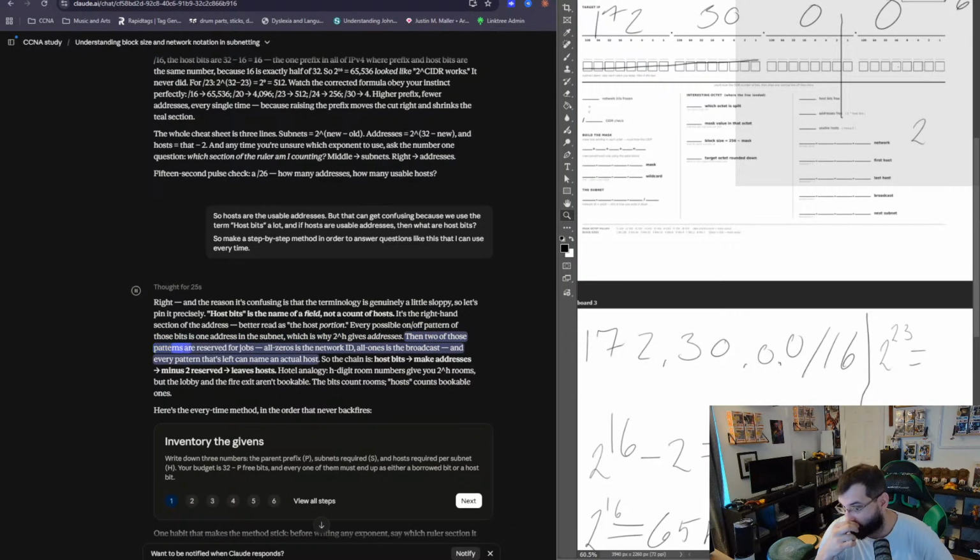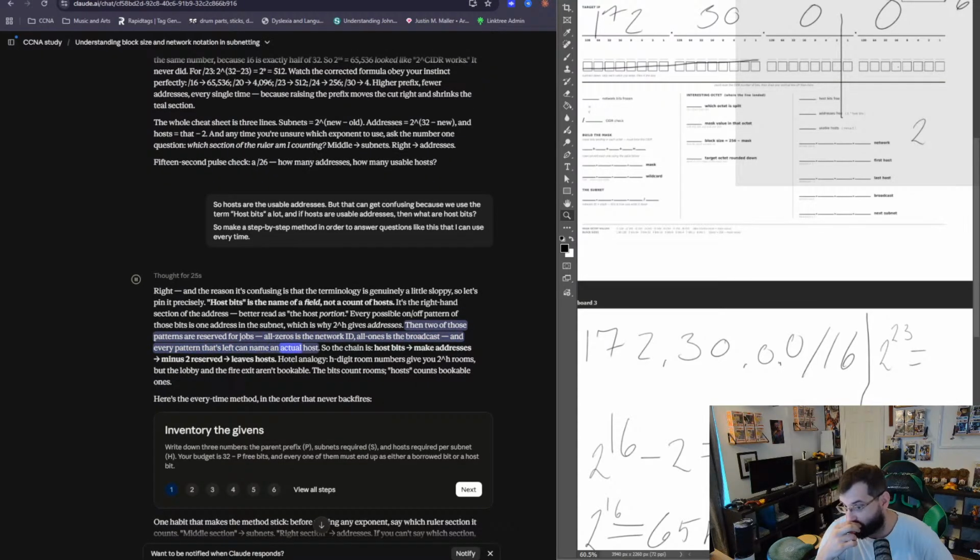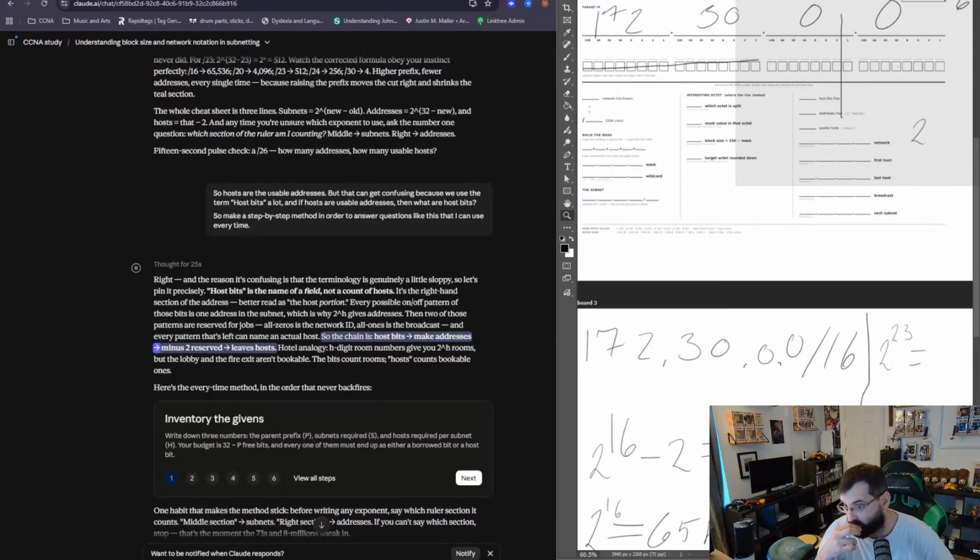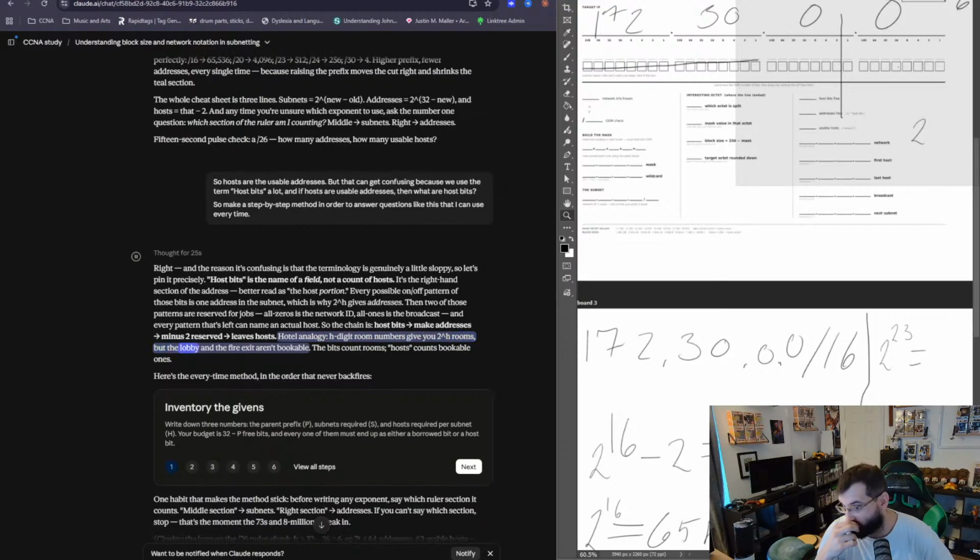Then 2 of those patterns are reserved for jobs. All zeros is the network ID. All ones is the broadcast, and every pattern that's left can name an actual host. So the chain is host bits make addresses, minus 2 reserved, leaves hosts. Hotel analogy: h-digit room numbers give you 2 to the power of h rooms, but the lobby and the fire exit aren't bookable. The bits count rooms, hosts counts bookable ones.